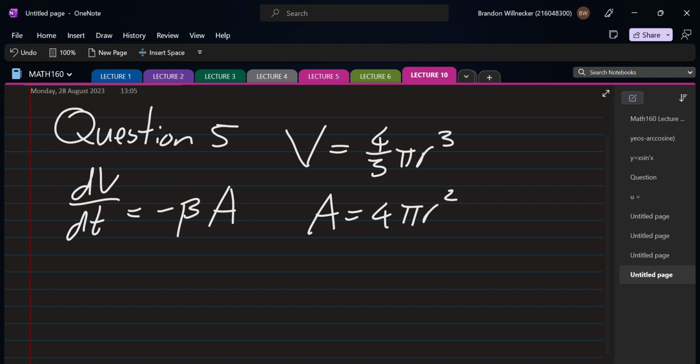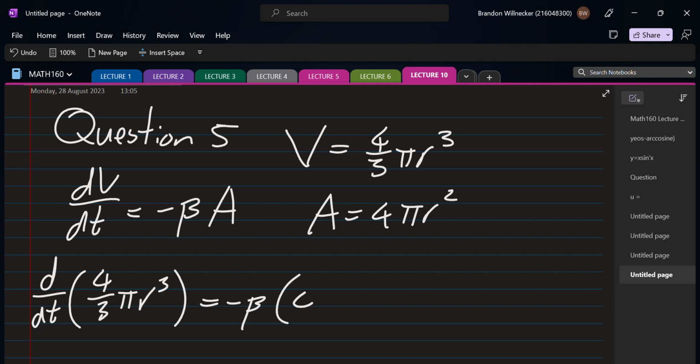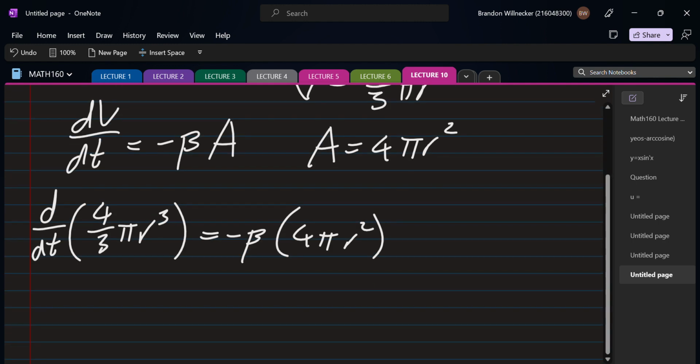Now, we have an equation, we have V, we have A, there's only one thing we could possibly do, and that's substitute. So, d by dt of V, we substitute. Minus beta A, we substitute. There's nothing else we can do except substitute what's given.